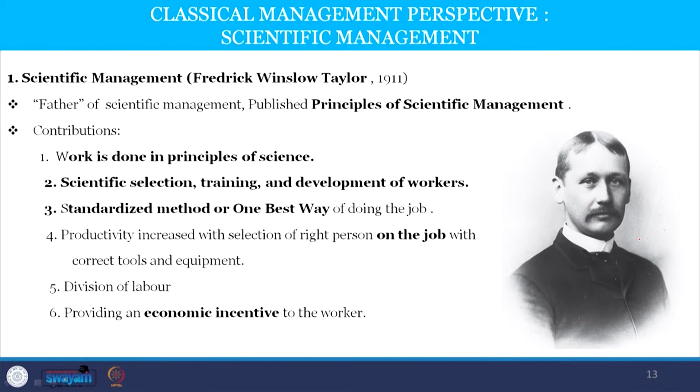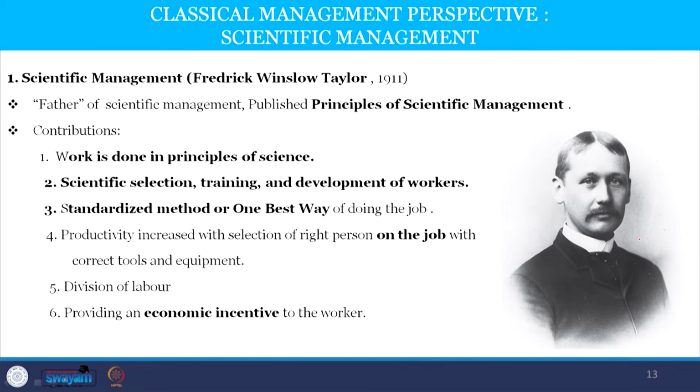So, in the classical management perspective, scientific management was proposed by Frederick Winslow Taylor in the year 1911. He is called the father of scientific management. He published a book, Principles of Scientific Management.